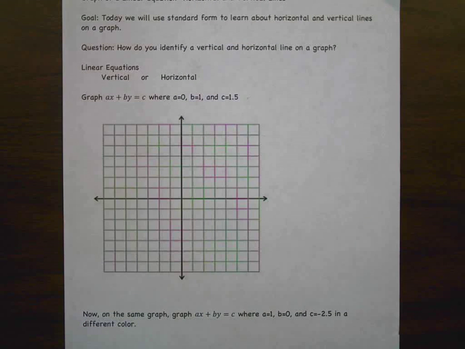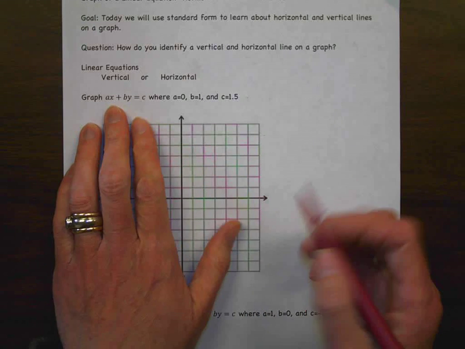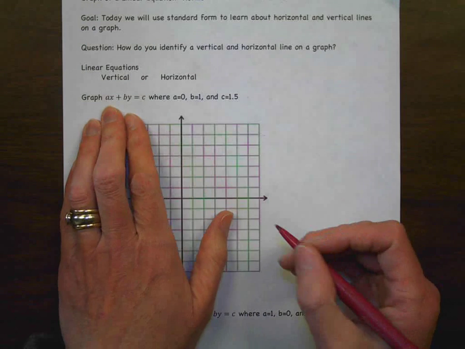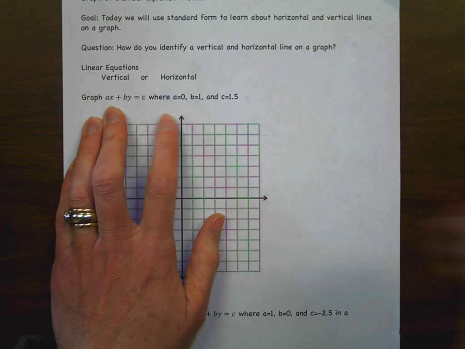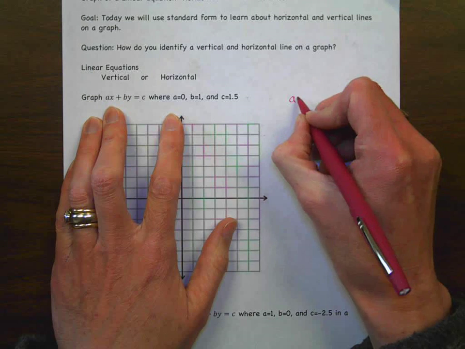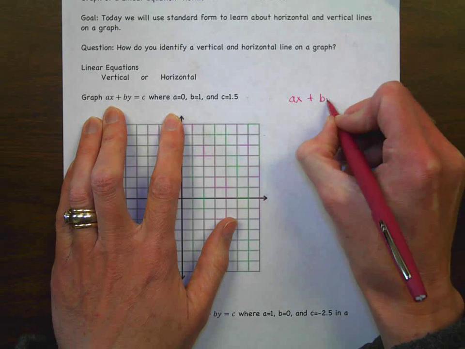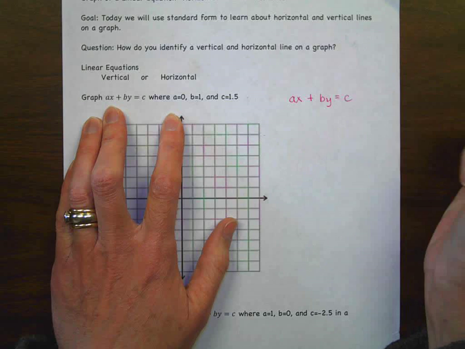So if you notice, it says a equals 0, b equals 1, and c equals 1.5. If we substitute those in, we have a times x plus b times y equals c.